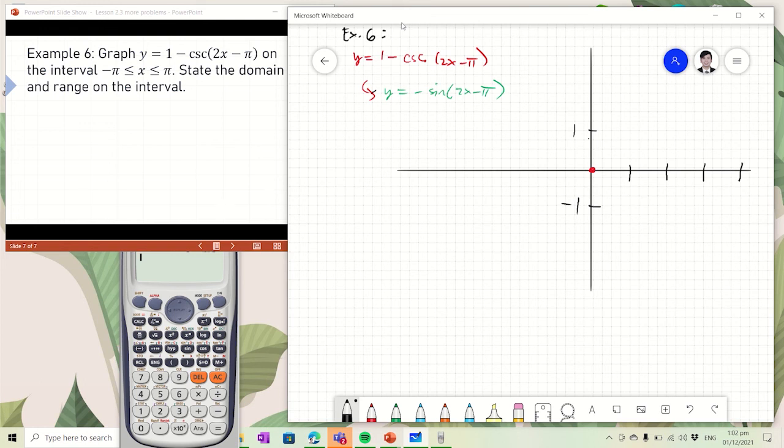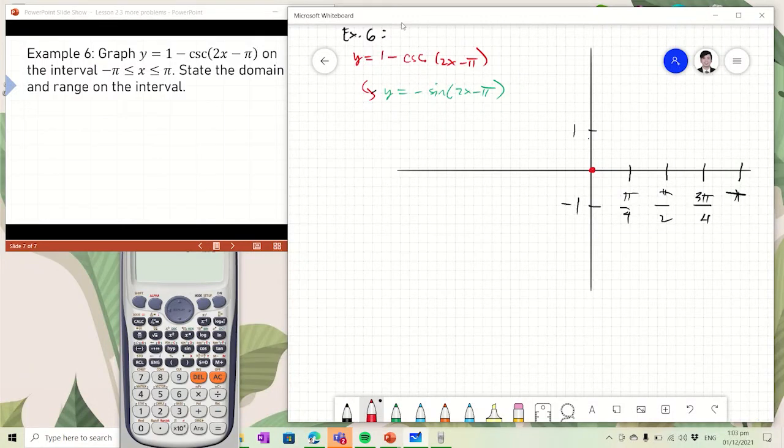Okay, ayan. So, ito, pi over 2. Tsaka ito, pi. So, ito, pi over 4 siya. Ito would be 3 pi over 4. 0, 0.